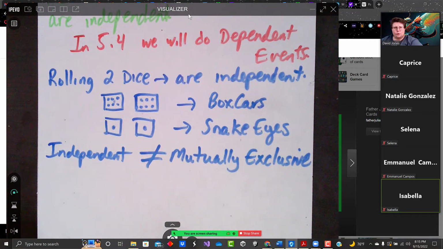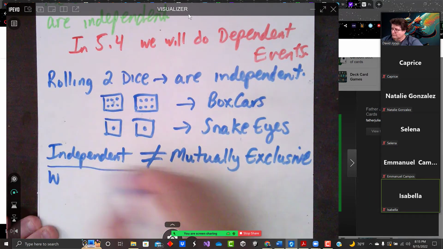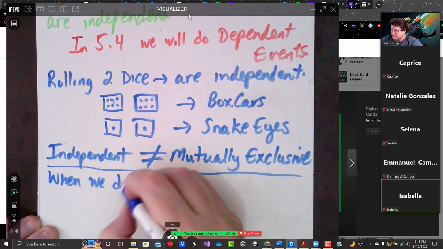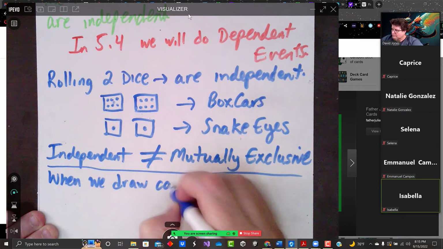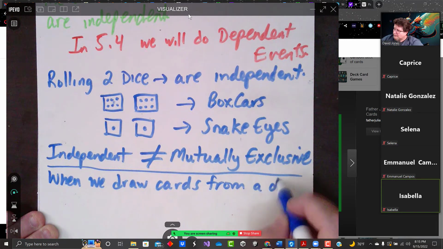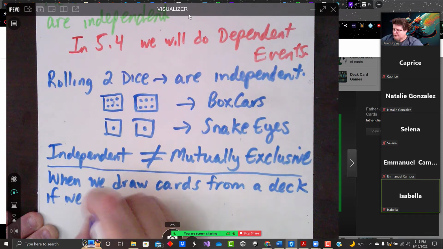This can occur when we're drawing cards from a deck, if we put the card back after every draw.